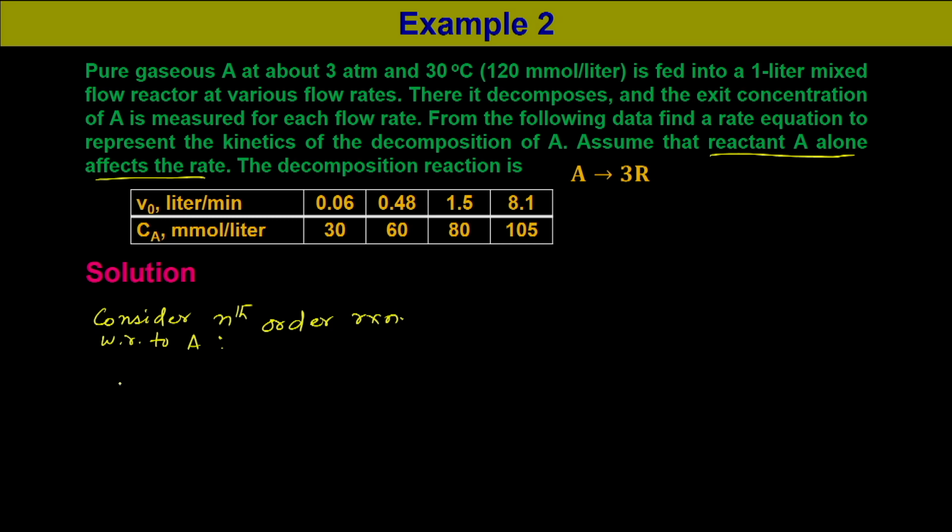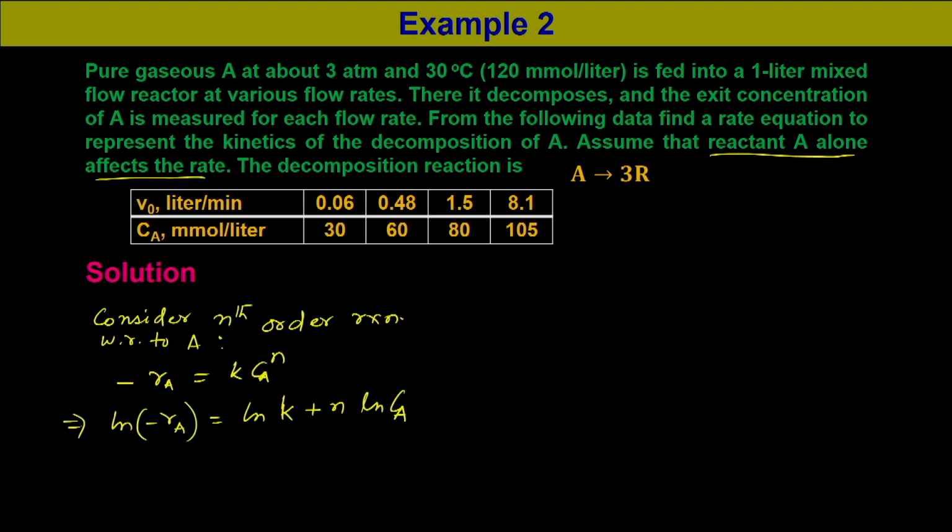So, we can write minus r_A equal to k C_A to the power n. Now, if we take the log of both sides, it will be ln(minus r_A) equal to ln k plus n into ln C_A.